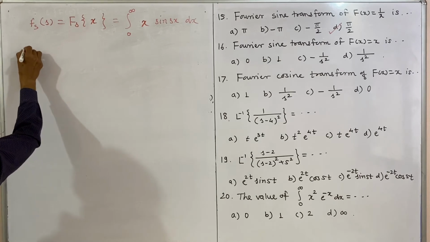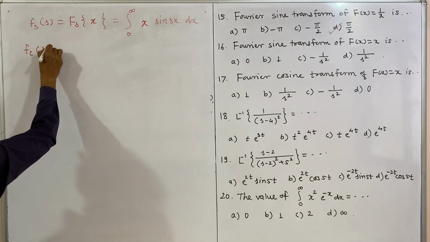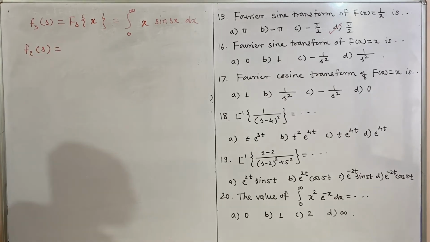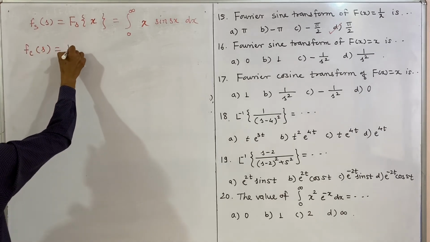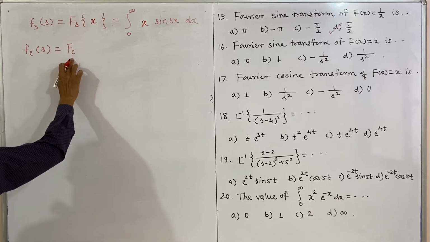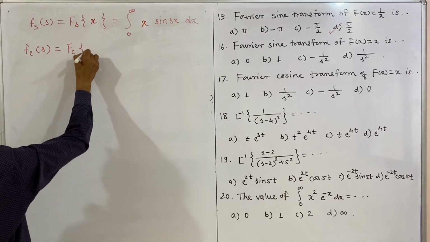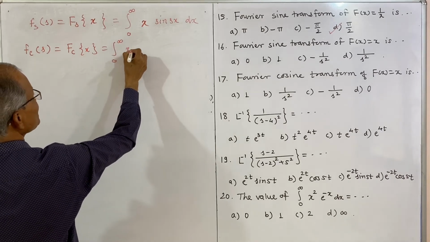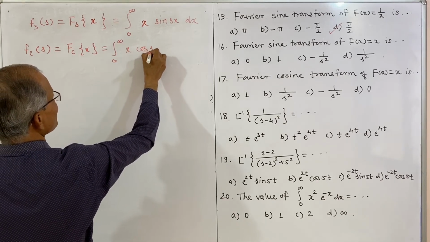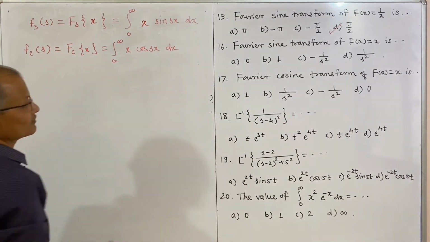And Fourier cosine transform is denoted by this notation. C stands for cosine, S stands for sine, and this notation is again Fourier cosine transform of x is equal to integral 0 to infinity x into cos sx into dx.